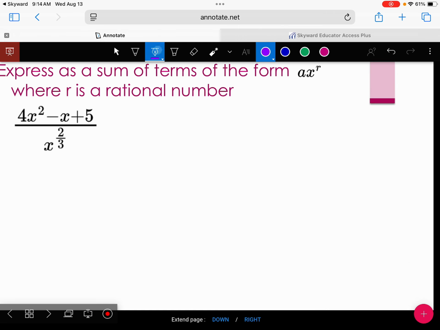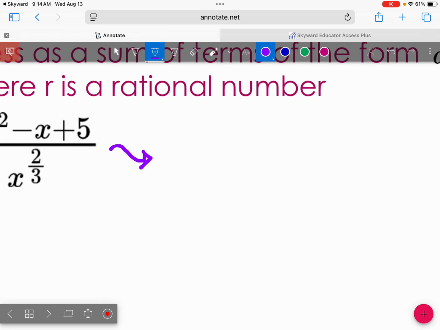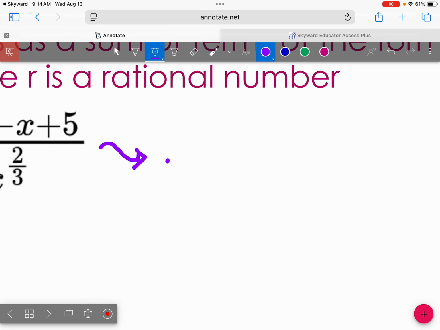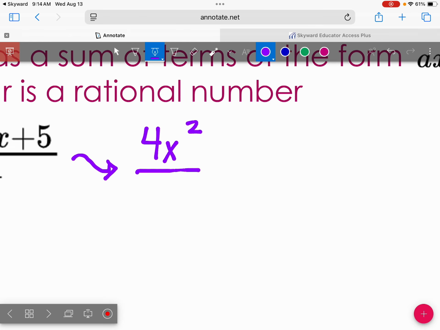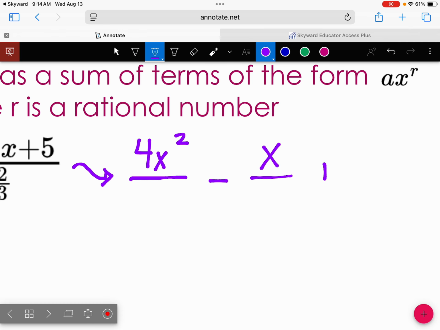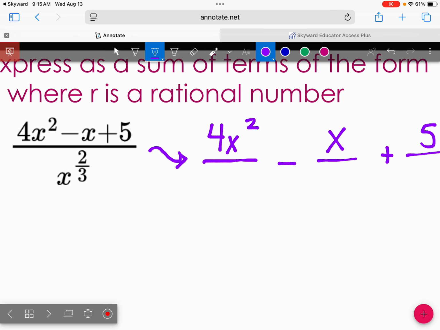With these kinds of problems, and they're not something we see super frequently, but we see them occasionally, I want to take my 4x squared and my minus x and my plus 5, and set those all up as their own numerators that we are dividing by x to the 2/3.